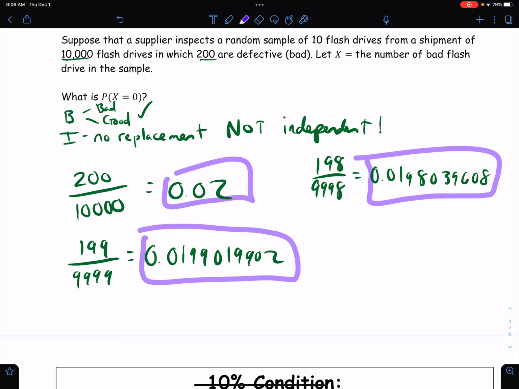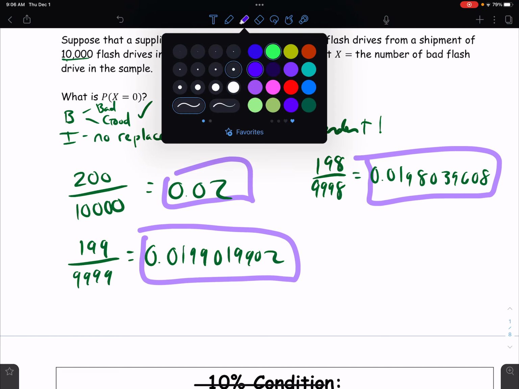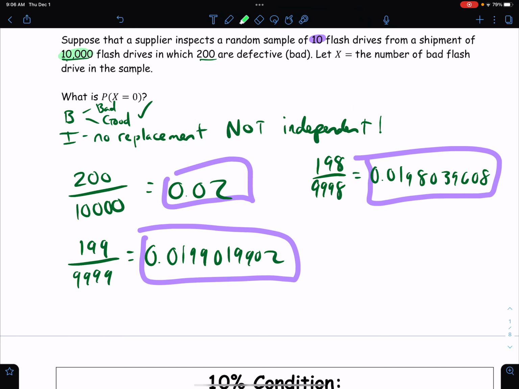So there is a rule. If you take a look at our sample, in this case it is only 10 flash drives. Our sample is so much smaller than our population that we can still use the binomial distribution even if it's not independent, because the probabilities are changing by so little.